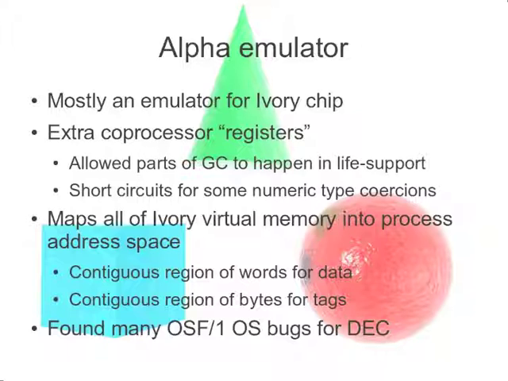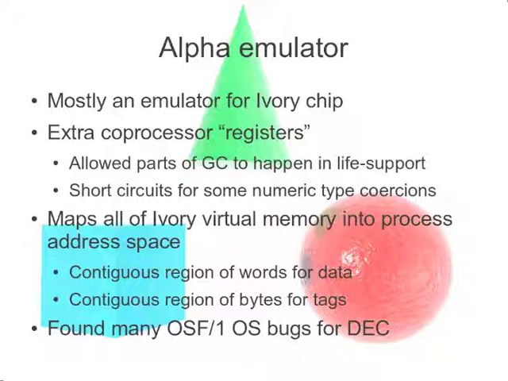So that meant the Ivory chip, so that it could pretend to have these coprocessor registers, which really represented stuff that was done on the C side in the life support code rather than done in fetched and emulated Lisp instructions. And the most important part of that was the scanning pages and transporting old pointers to new space.